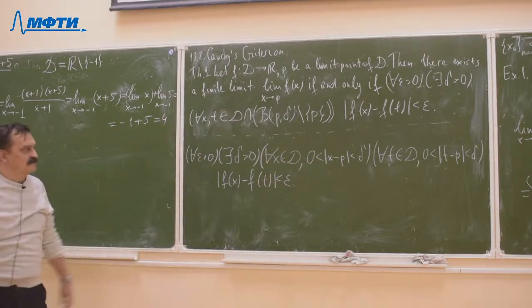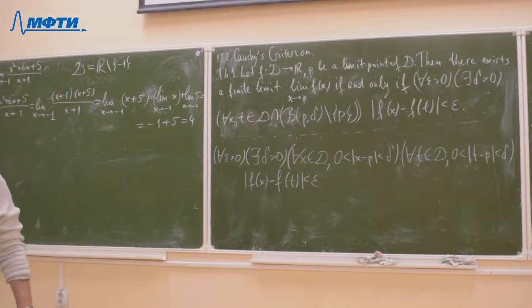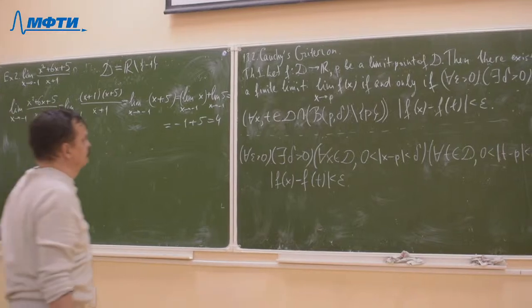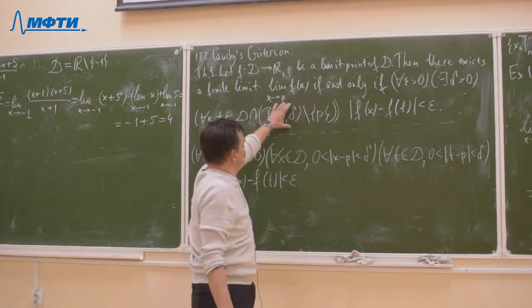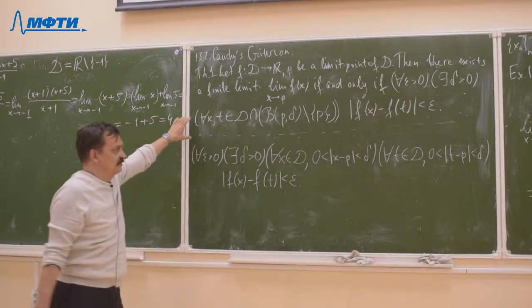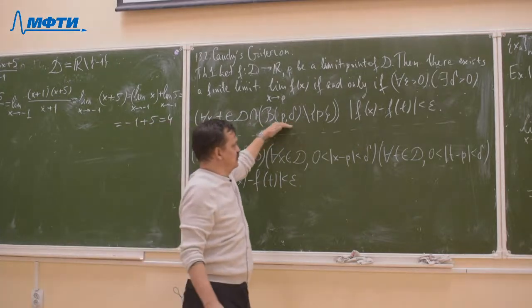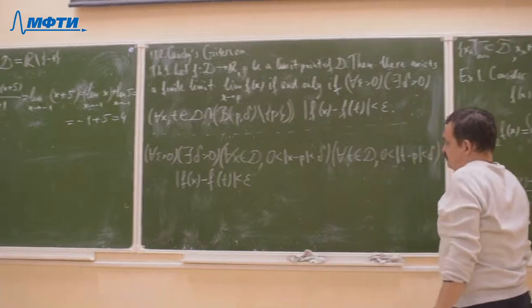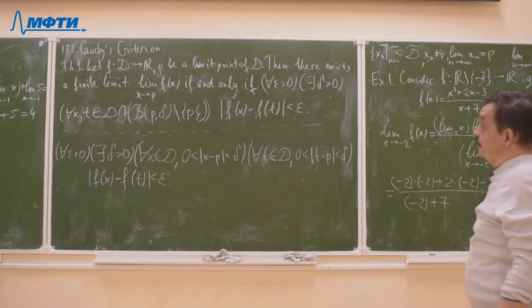That is the same criterion written in the same chain where we wrote explicitly these boundaries, these neighborhoods.